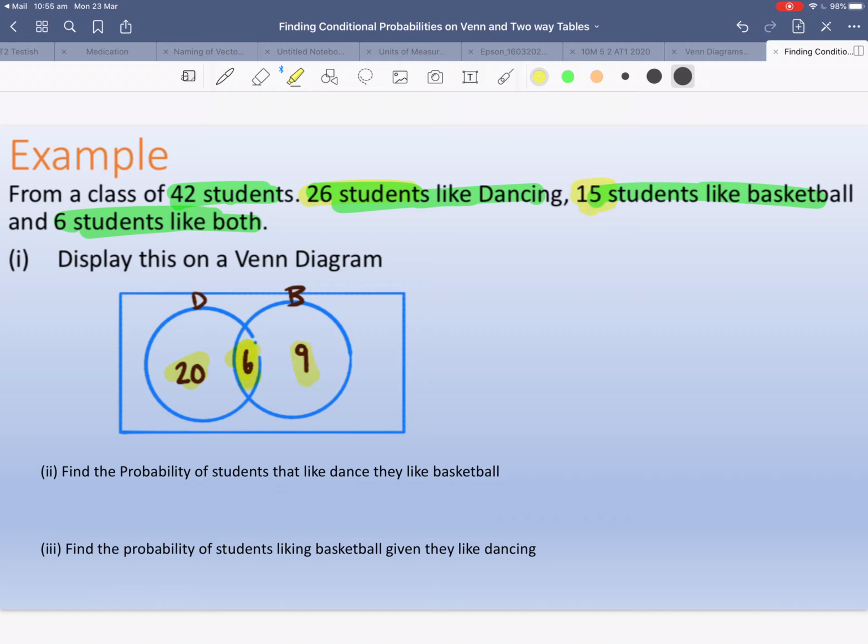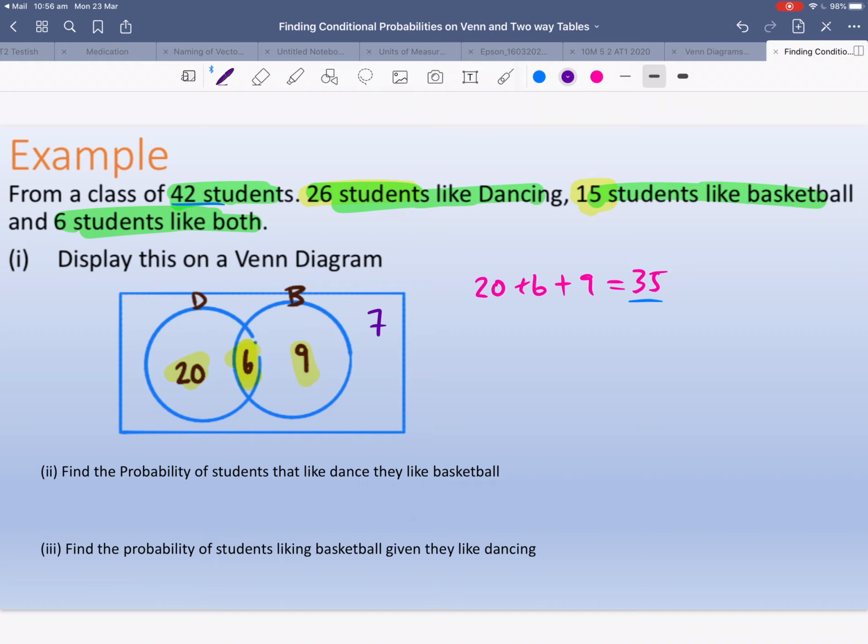There's one more piece of information missing: 20 plus 6 plus 9 is 35, so 42 minus 35 is 7, and we put that outside. That's how many students don't like dancing or basketball.